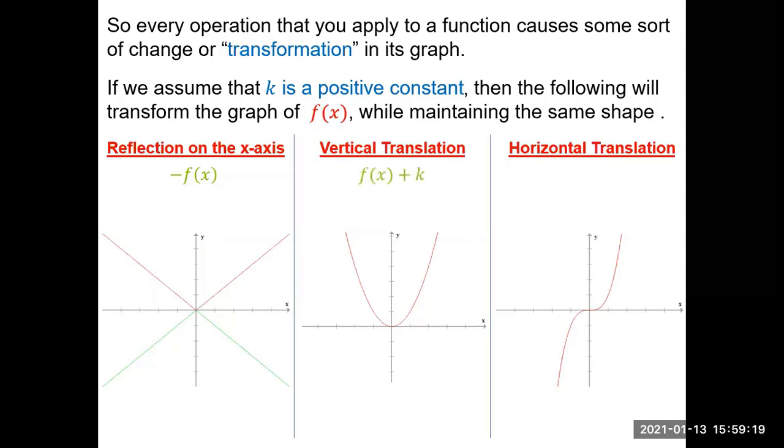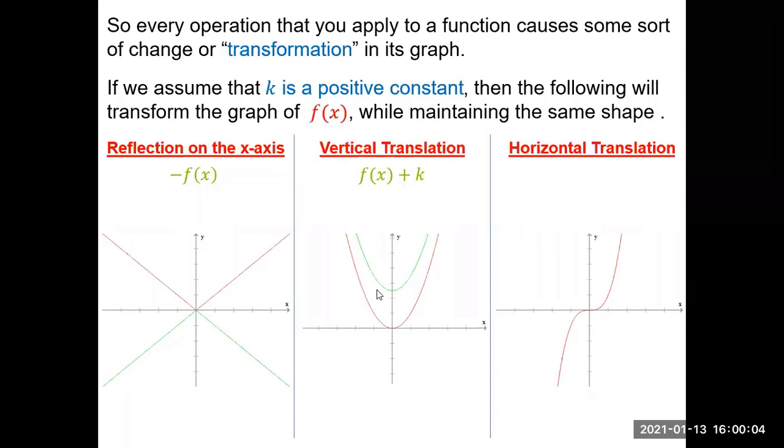Taking a look at a vertical translation, notice that those are going to occur when you add a number to the end of the function. So adding a number to the end of a function will change the output by adding that amount, or moving the graph upwards.